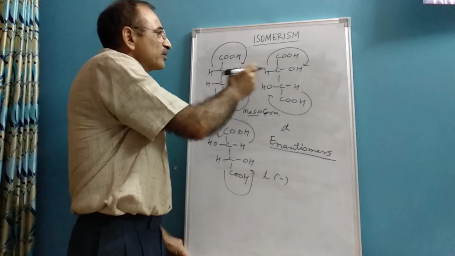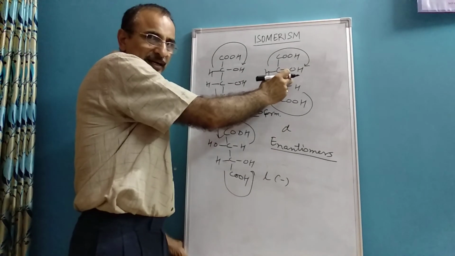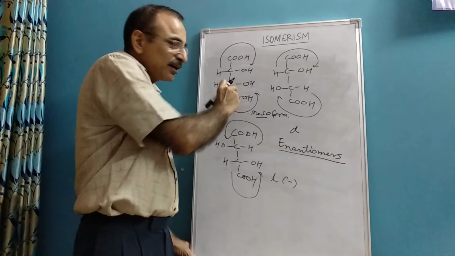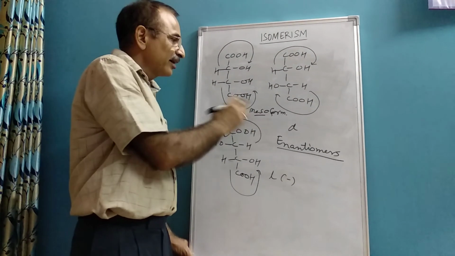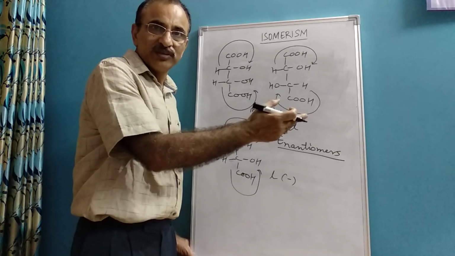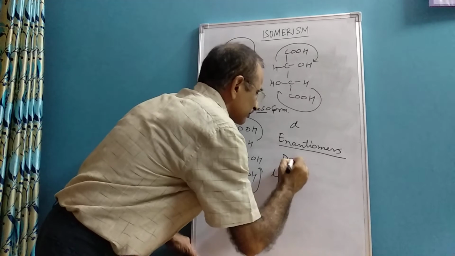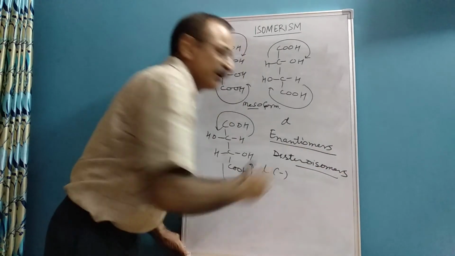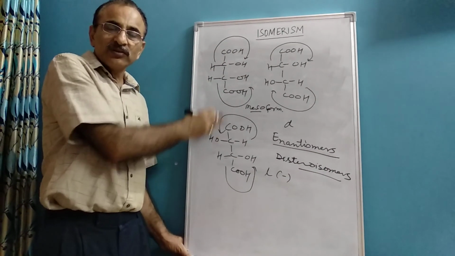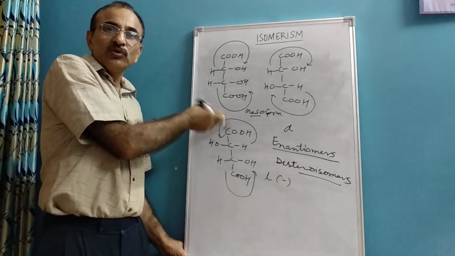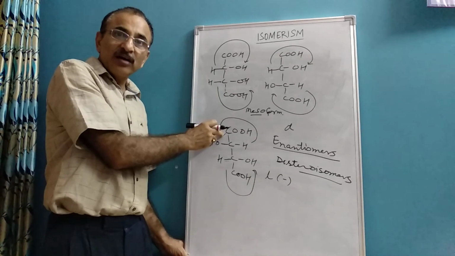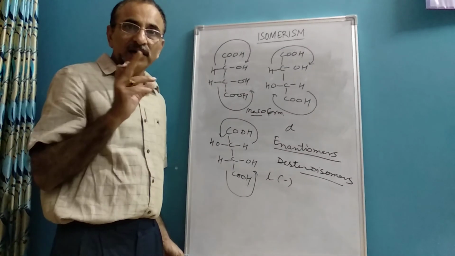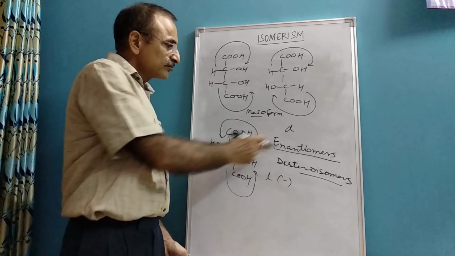But when you are going to observe meso and D or levo and meso, they are not mirror images at all. Therefore, they are called diastereoisomers. It means those stereoisomer pairs which are not mirror images at all are diastereoisomers, and those which are non-superimposable mirror images are enantiomers.